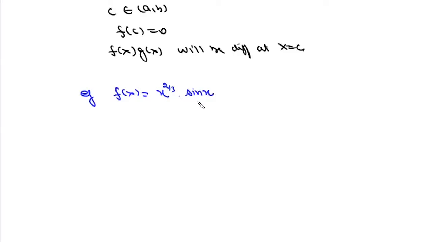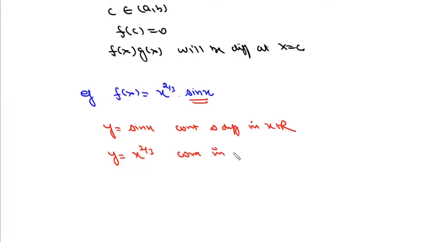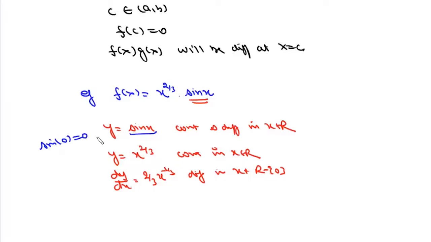Now if we look at this sin x, we know that y equals sin x is continuous and differentiable in x belongs to R, whereas this function y equals x to the power 2/3 is continuous in x belongs to R, and if we find dy/dx, it will be 2/3 x to the power minus 1/3, it is differentiable in x belongs to R minus 0, and we know that sin 0 is equal to 0.